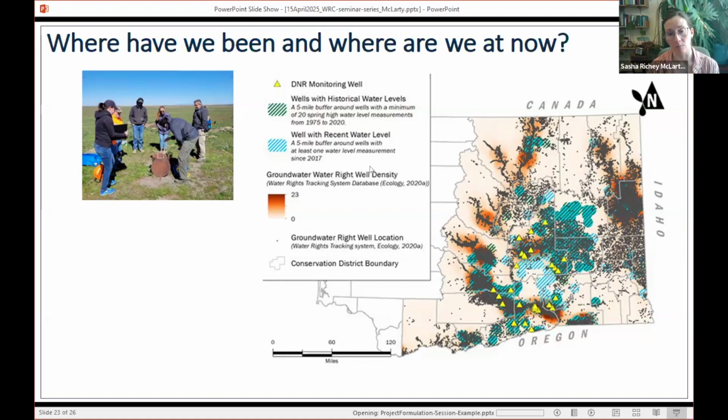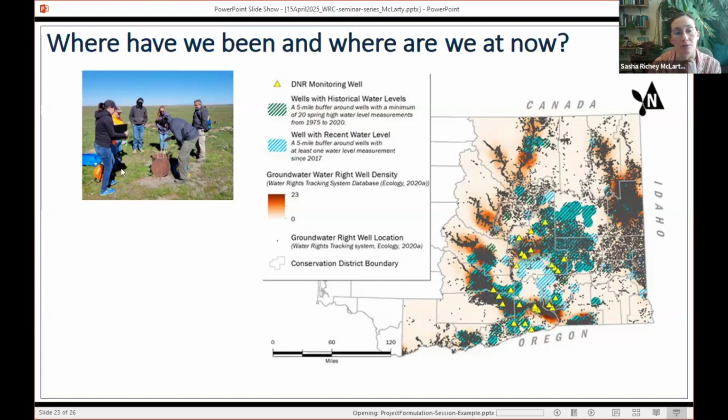And blob is a formal term. And then where we have existing monitoring capacity, mostly through Department of Ecology, in the bluish and greenish blobs. So our goal with this was to try to increase the number of groundwater observations and data being collected where we know groundwater rights are being issued, but we have limited monitoring capacity.